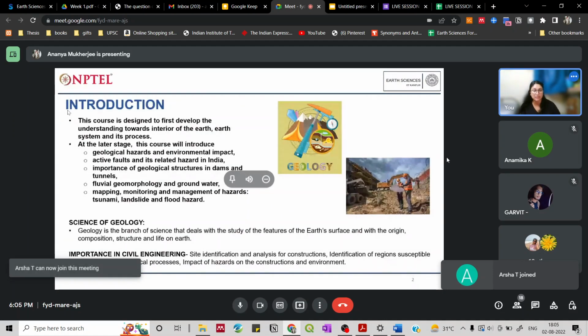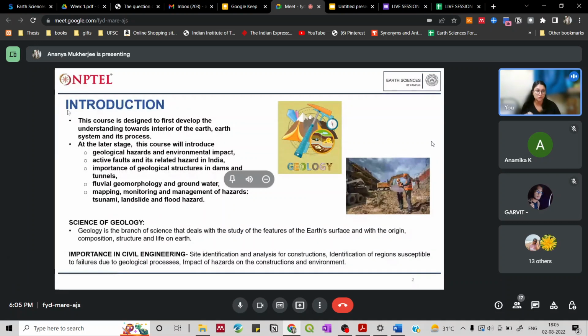Also the materials that you use, site identification and analysis, and later on different types of geological hazards, fault systems, and the features related to faults and how they impact civil engineering and construction projects.